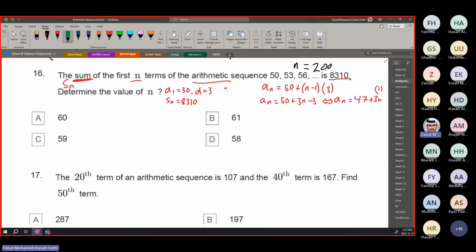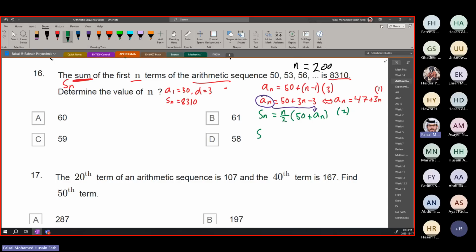Our second equation, Sn. Sn is equal to n over 2 times A1, which is 50, plus An, which we don't have. All we're going to do here is substitute equation 1 into An for equation 2. How do we do that? This is equation 2.